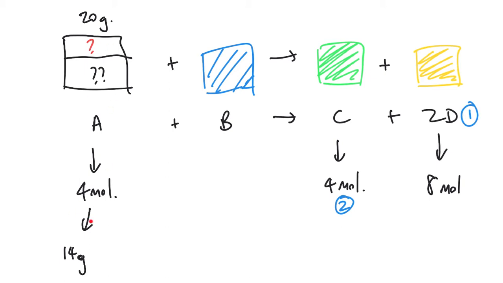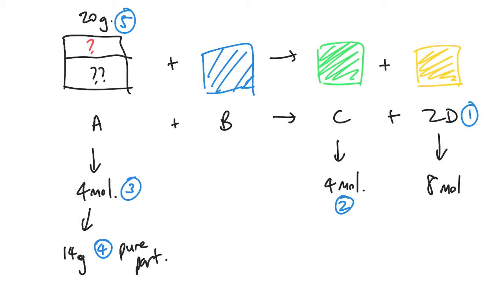So, we have the number of moles of a product, which we can use to work out the number of moles of our unknown, which we can then use to work out the mass of the pure part of the unknown. And then we can compare it to the total mass to work out the percentage.